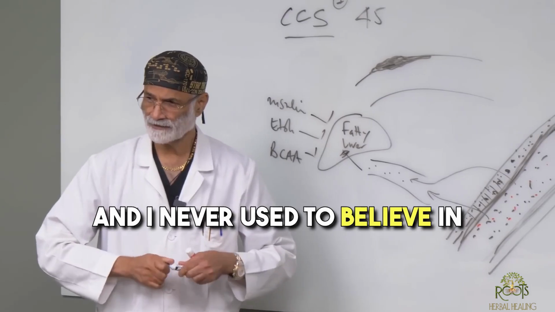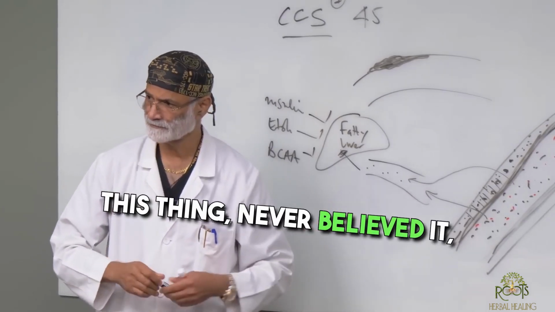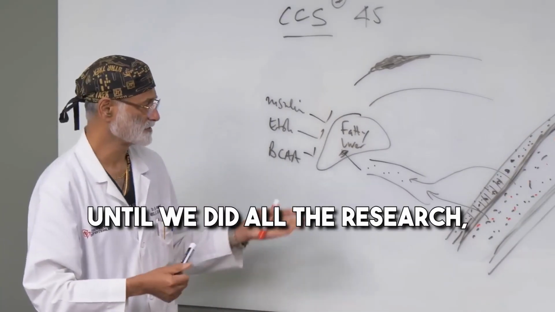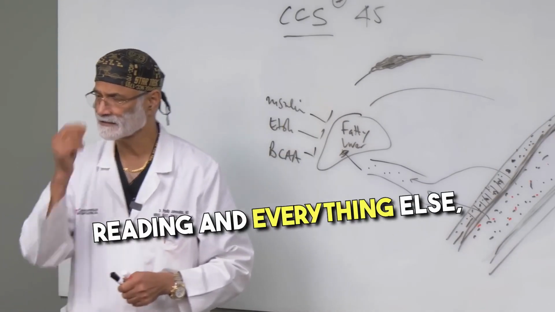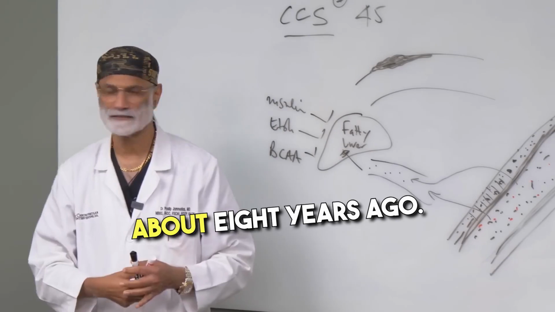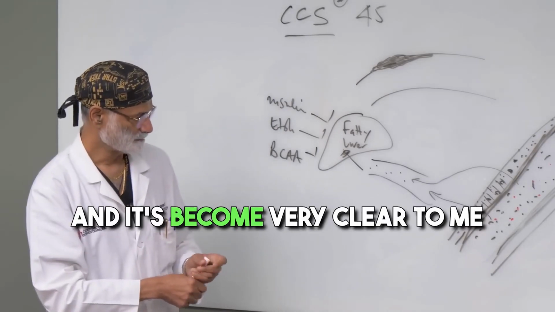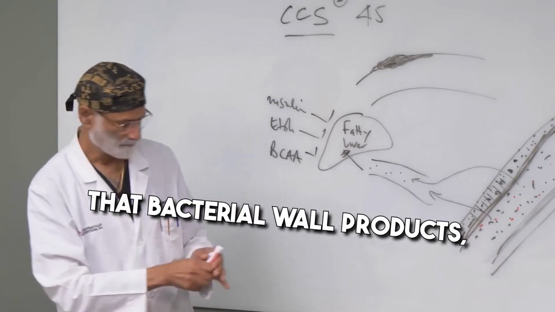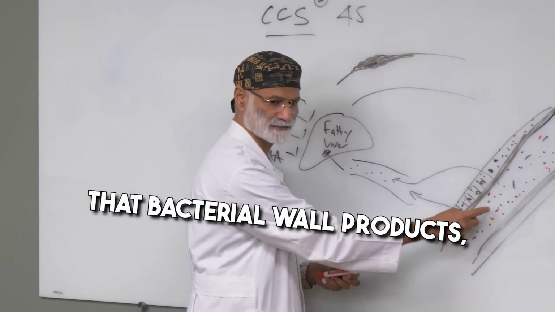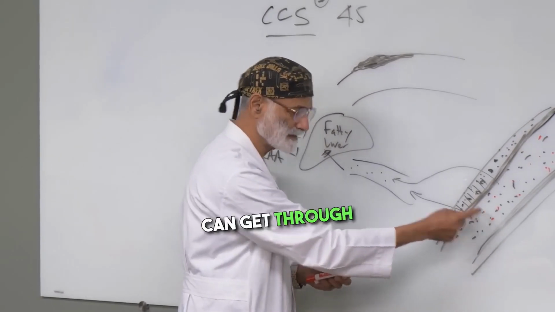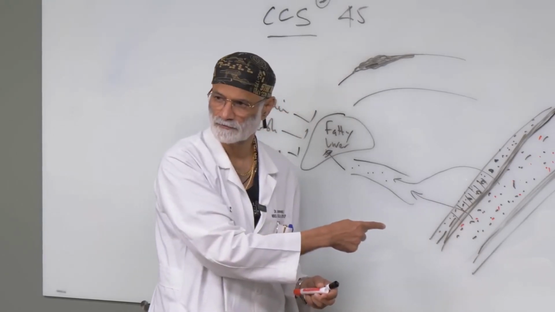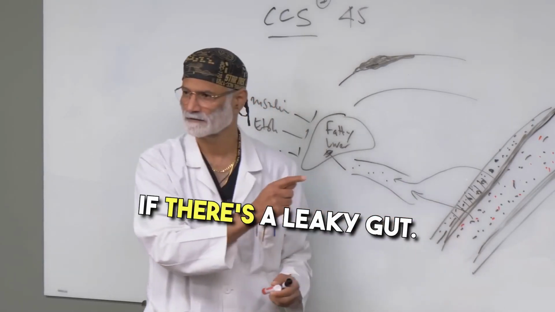I never used to believe in this thing, never believed it, until we did all the research and reading, and started reading about this about 8 years ago. And it's become very clear to me that bacterial wall products, dead bacteria, can get through if there's a leaky gut.